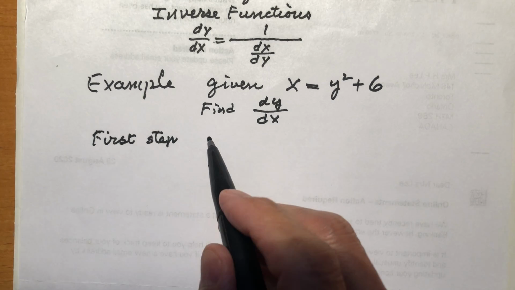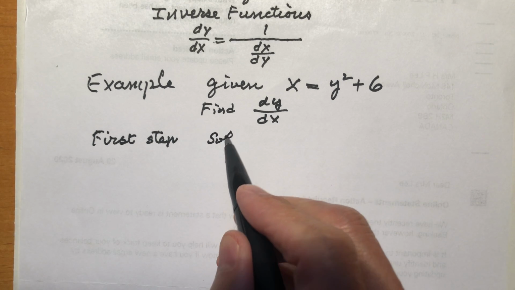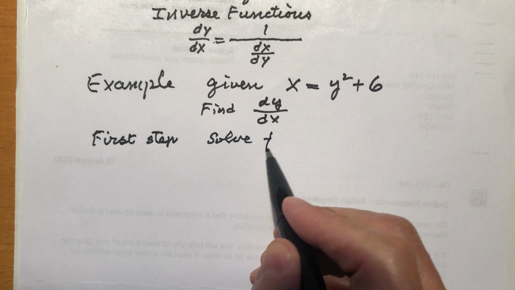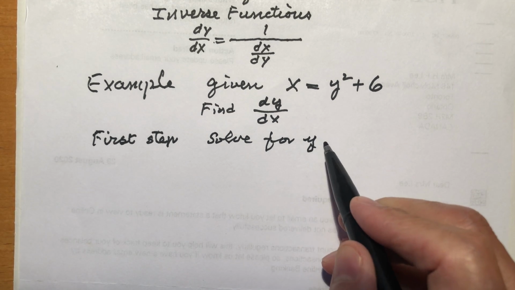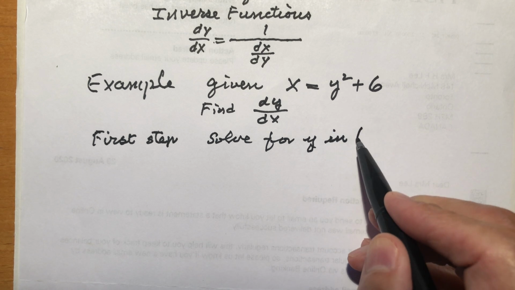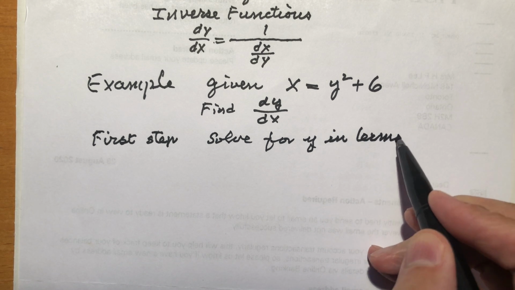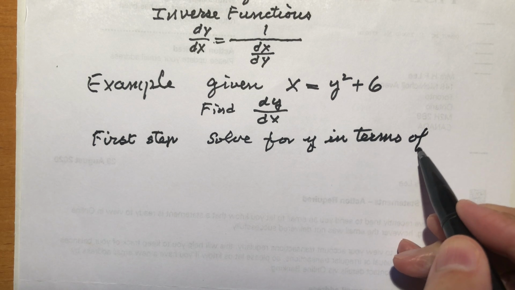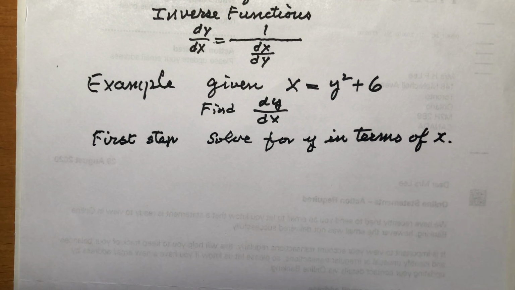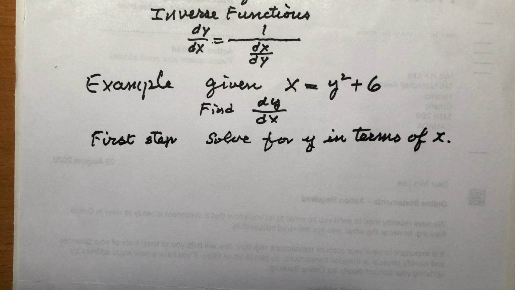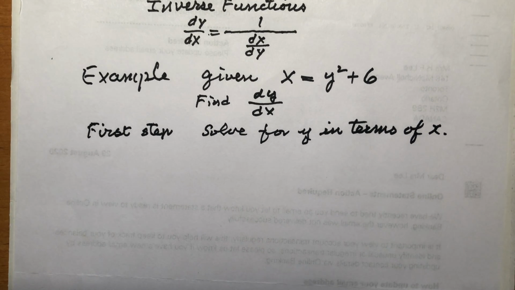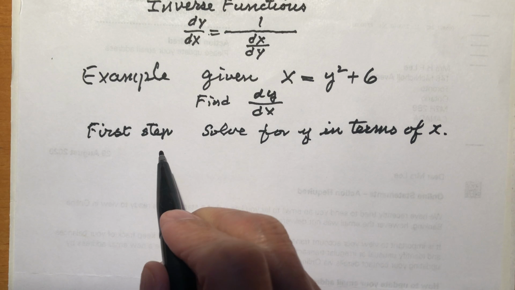So we want to solve for y in terms of x. That's what we want to do. And once you have that, we can do it in the usual way. So let's do that.